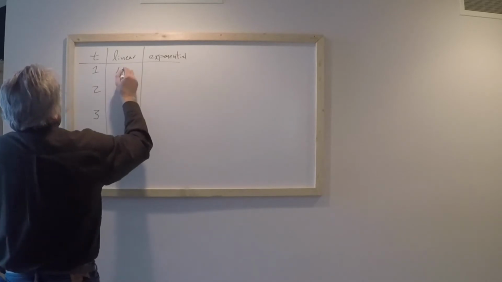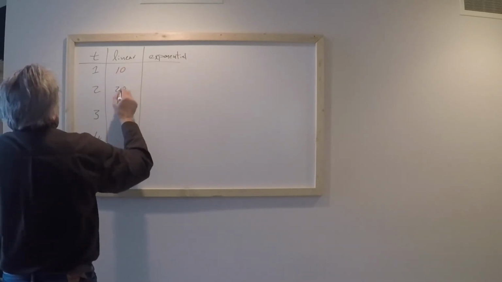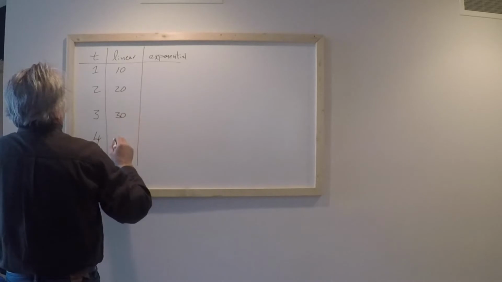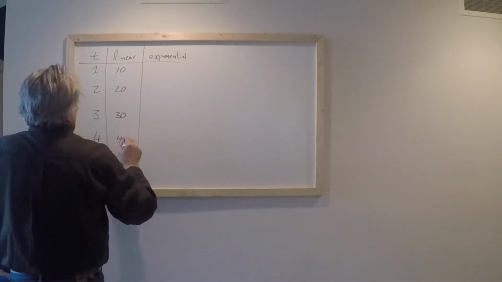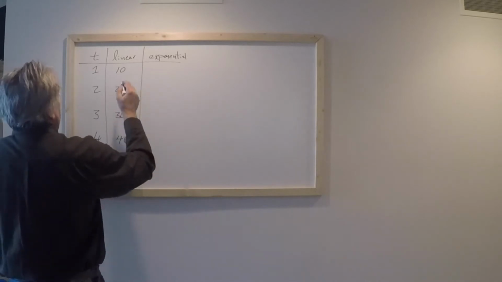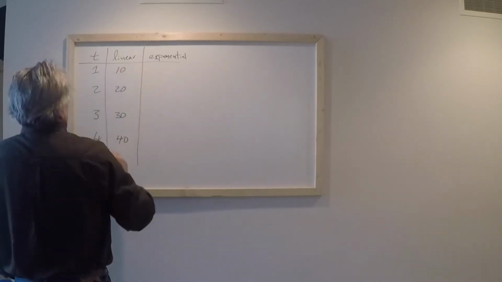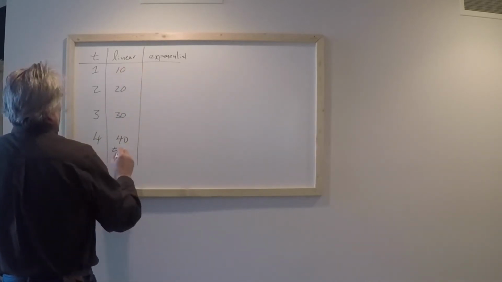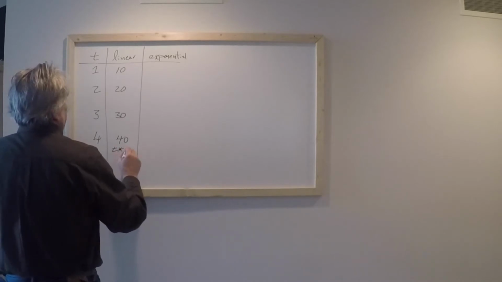And then the linear is going to go 10, 20, 30, 40. So the linear is the times 10.